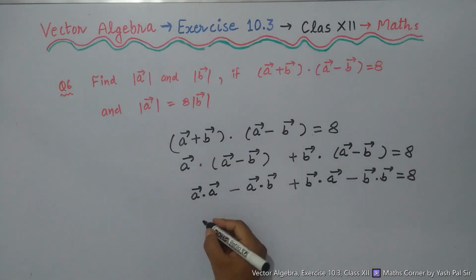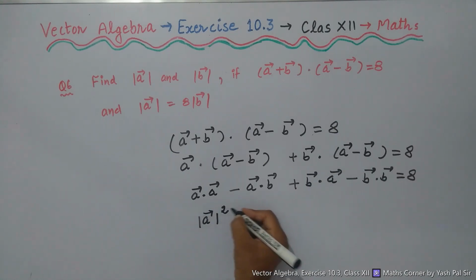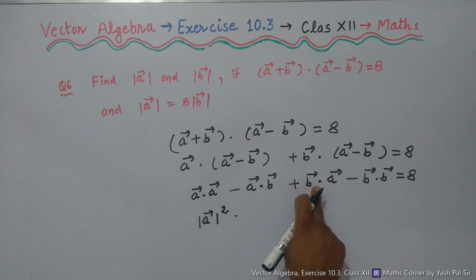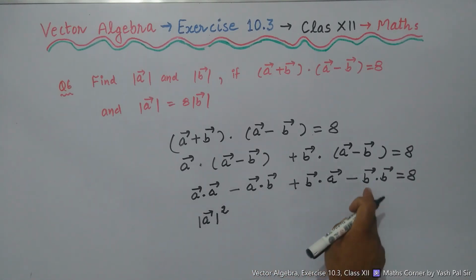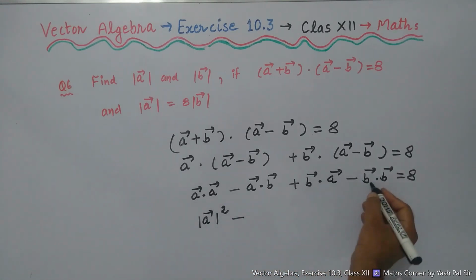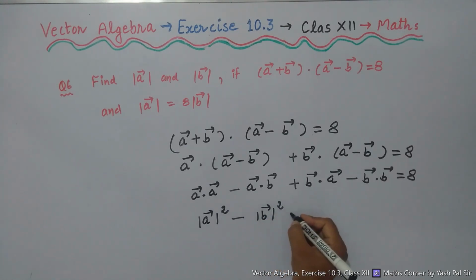So A dot A means magnitude of vector A whole square. Here A dot B is equal to B dot A, so they are equal but opposite in sign, so they are cancelled. Minus magnitude of vector B whole square is equal to 8.